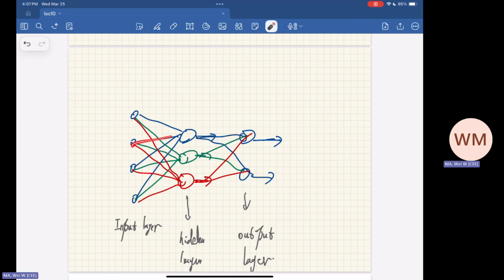And similarly you have this one, with 4 inputs, and this one is also 4 inputs and also 1 output. So you can see that each of these microstructures is a neuron. And by combining the neurons, and very importantly, we put the neurons into different layers.